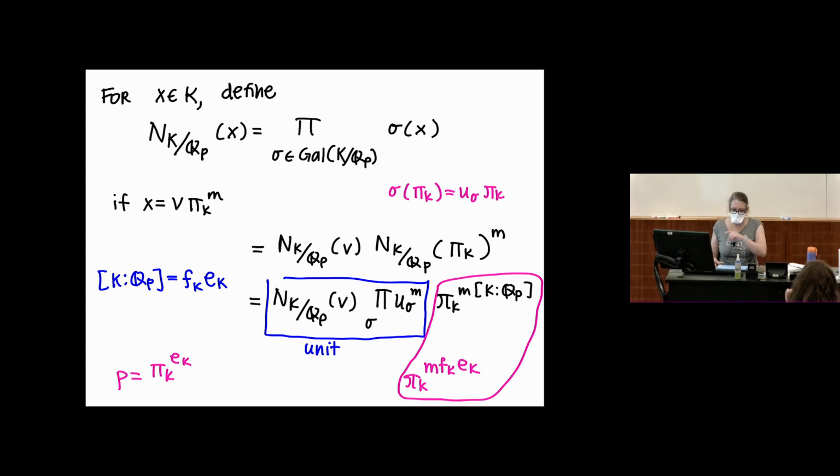If you sent a unit to something divisible by the prime, then you wouldn't be able to fix that prime ideal. If you took the inverse Galois element, it would take the prime to a unit, so it would move outside of the prime ideal. So it's not the worst thing.